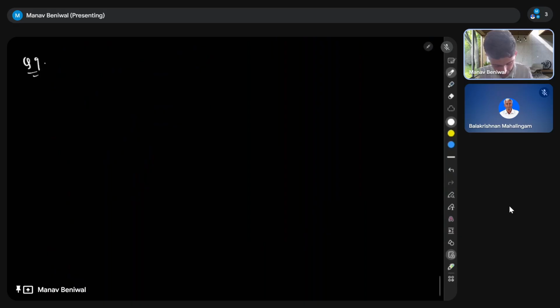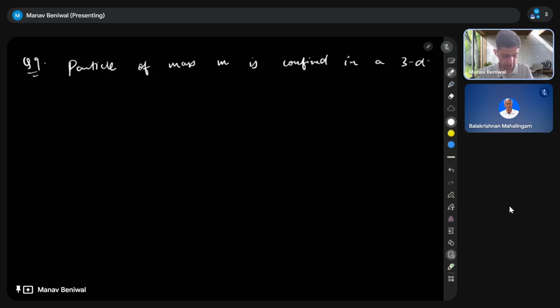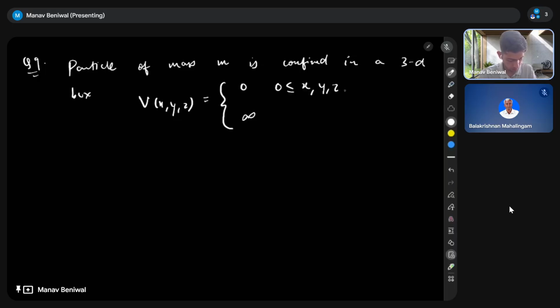So we have a particle of mass m confined in a 3D box, V of x y z is equal to 0 inside and infinity outside.